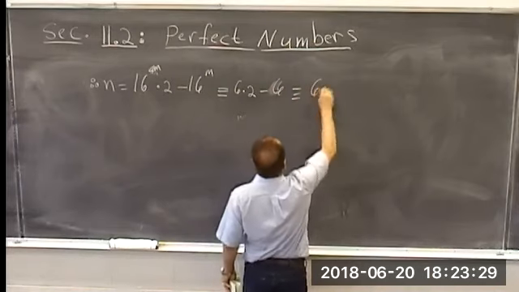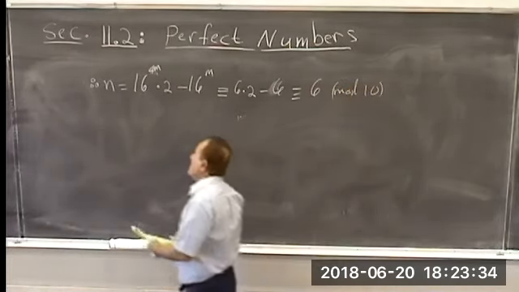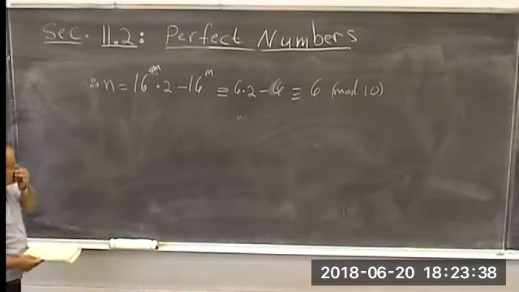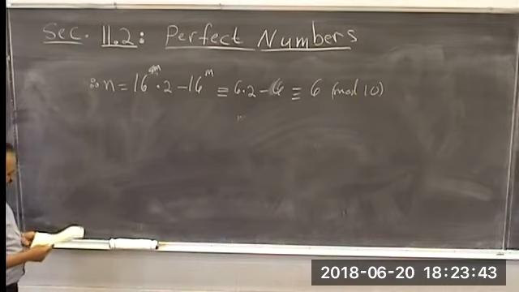Altogether, this is congruent to 6 mod 10. And this is what we get when the form of the prime is 4k plus 1.